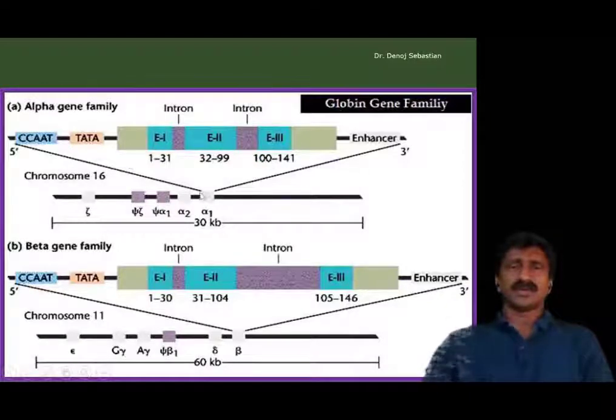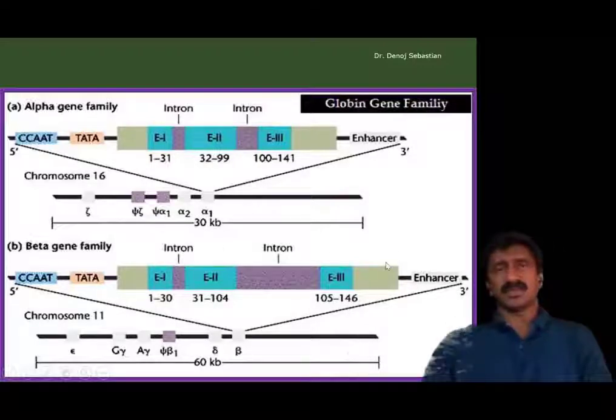So here we have another example in the case of chromosome 16. Here we have alpha gene, alpha 1, and this is a sequence and the different regions of the introns, exons and enhancer of the alpha gene family. And here in chromosome 11 we have the beta, and these are the different regions including the promoter region, intron, exon and enhancer regions of the beta gene family.